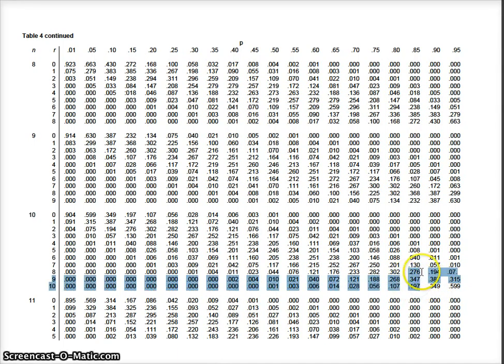Okay. So your textbook, I believe, takes it out to 3 decimal places, just like this screen that I'm showing you. So 0.347 would be your probability of 9 successes, and 0.197 is the probability of 10 successes.